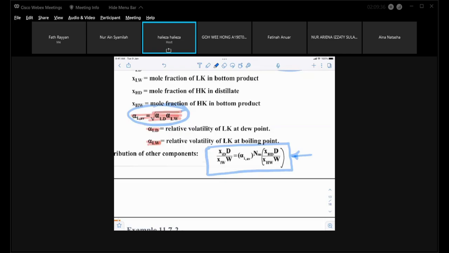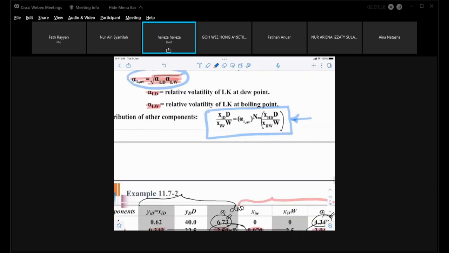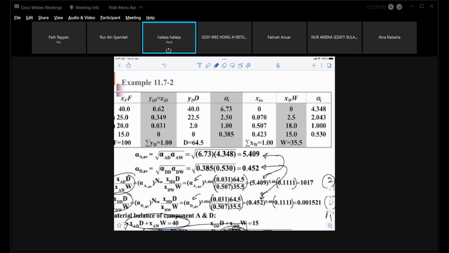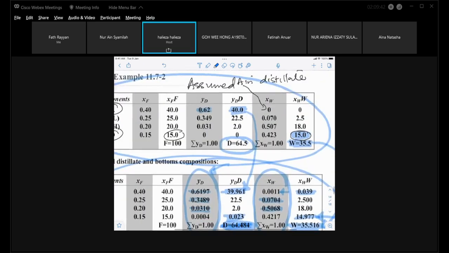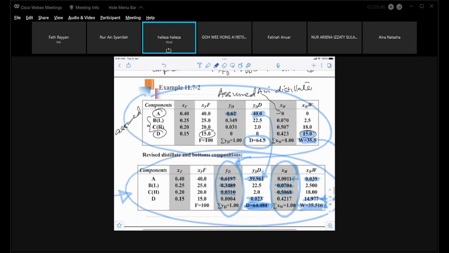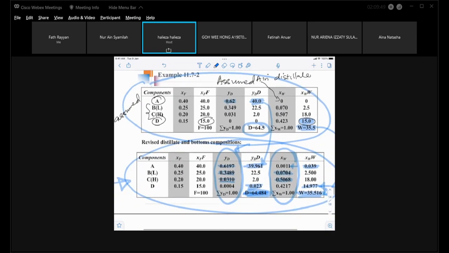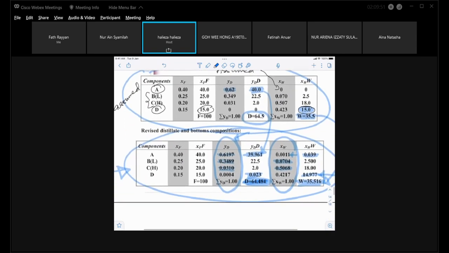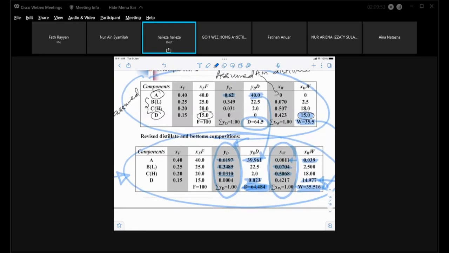This is where I get the two tables that I showed here. The initial assumed table is at the top, and the actual distribution of component A and D in the distillate and the bottom product is at the bottom table. So that's what I did just now.